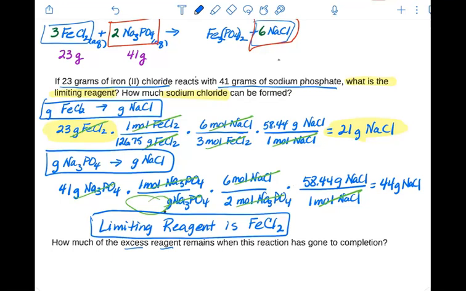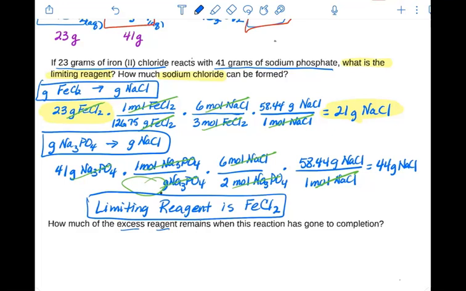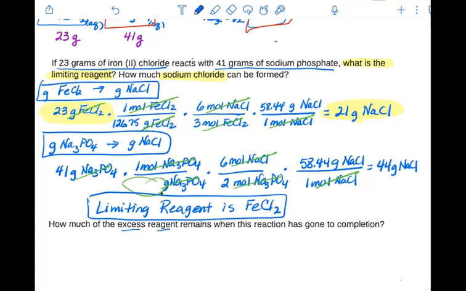But the easiest way, I think, is to say, okay, if I have 23 grams of iron chloride that I can use in my recipe, I want to know how many grams, so the question is, how many grams of my sodium phosphate do I need then? Okay, so I'm going to go from grams of iron chloride to grams of sodium phosphate.